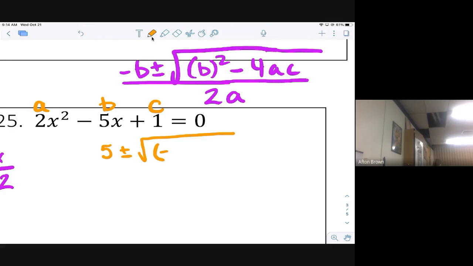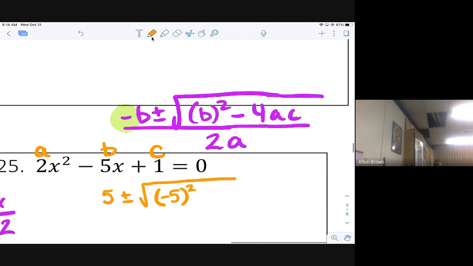Now, these parentheses are really important. You have to put that -5 in parentheses because it'll be a completely different answer if you don't. And that exponent of 2 has to be on the outside. In the formula, I always read it as opposite of B. Yeah, the one in front is always the opposite.